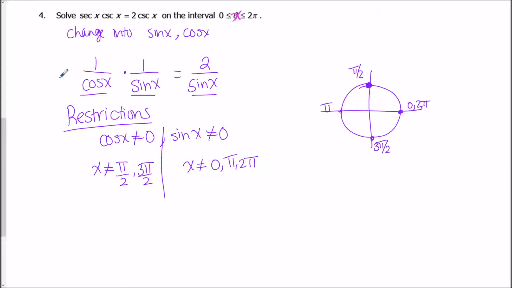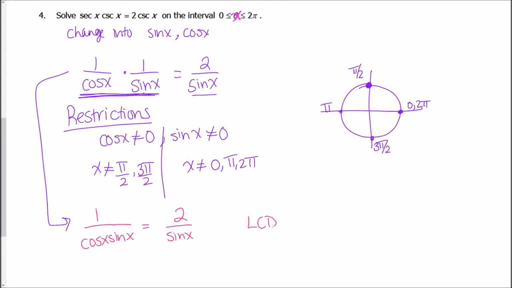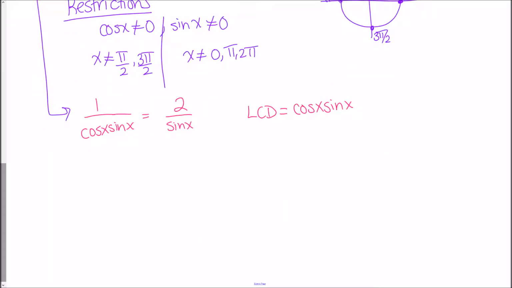Okay, so now let's go back to solving this. I'm going to put this together into one fraction right here. So I'm going to say 1 over cosine x sine x is going to be equal to 2 over sine x. Now I have a rational equation, so I'm going to find my LCD, which is cosine x sine x, and I'm going to multiply both sides by my LCD.